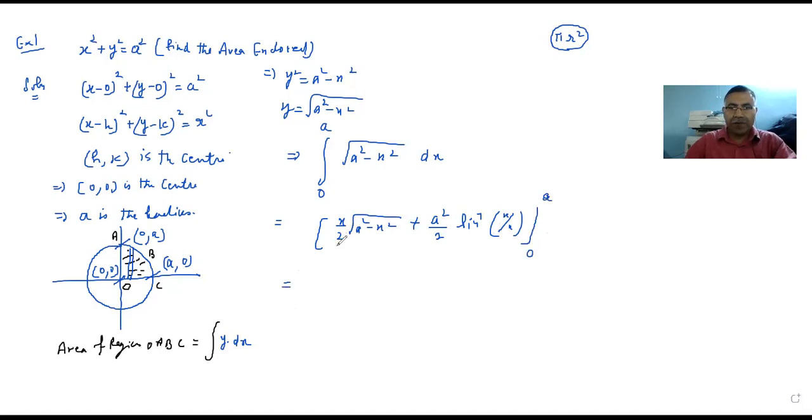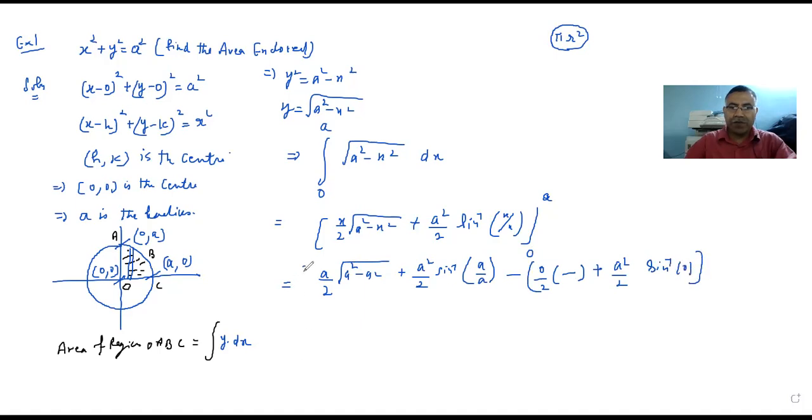Which is equal to, now I'm going to substitute: a by 2 times the square root of a square minus a square, plus a square by 2 sine inverse a by a, minus, now the turn of 0, 0 by 2 multiplied by anything plus a square by 2 sine inverse 0.